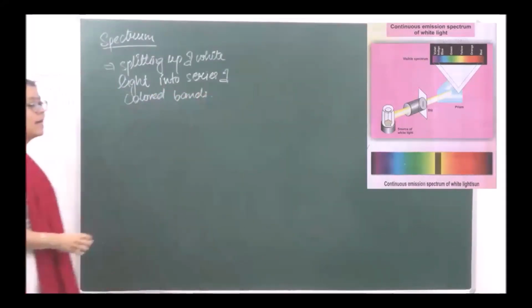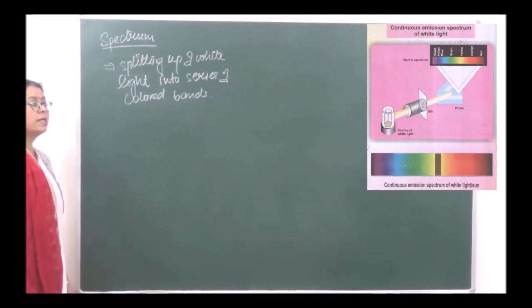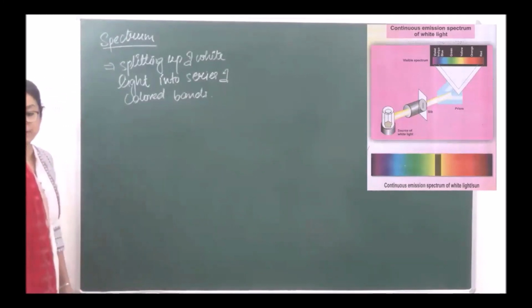Colored bands or colored lines, that is what a spectrum is. When we are talking of the spectrum of an atom, it is going to give a series of colored lines. But when we are talking of the spectrum of a molecule, it is going to give us colored bands. Right?